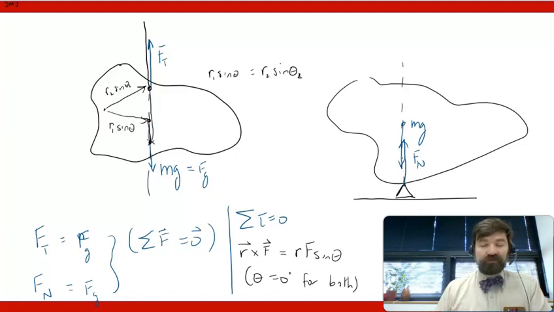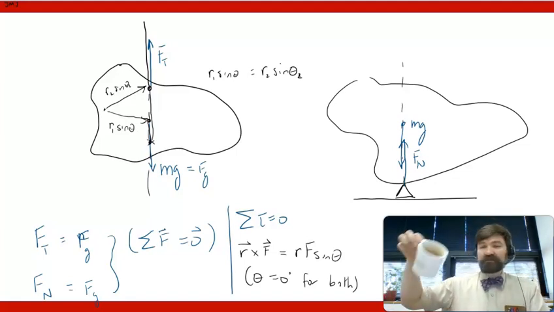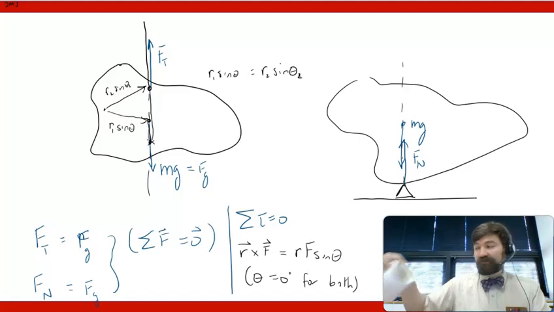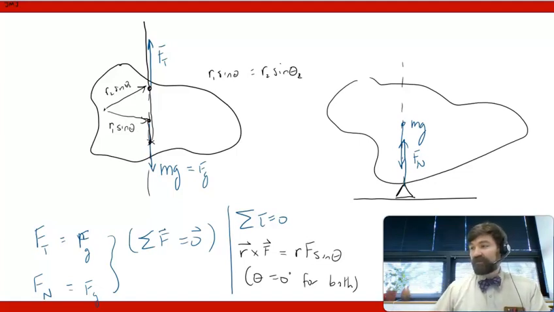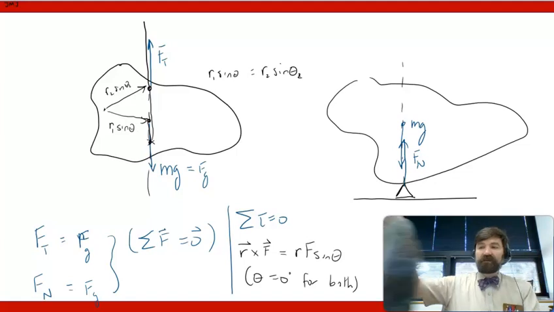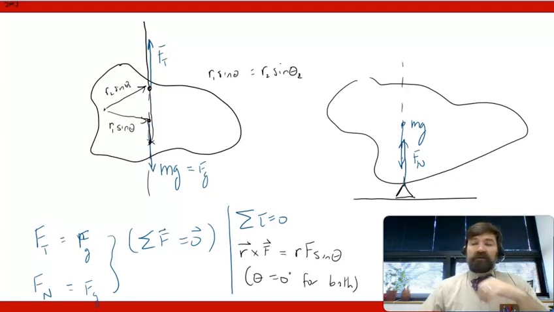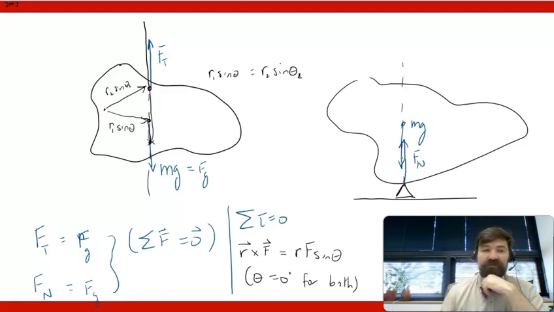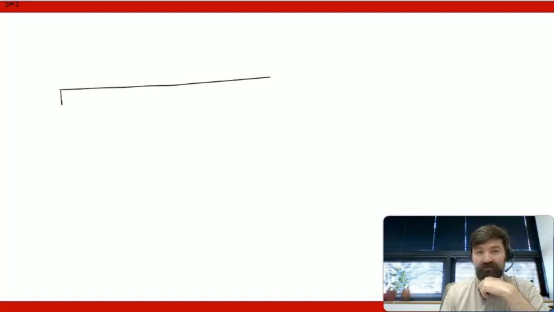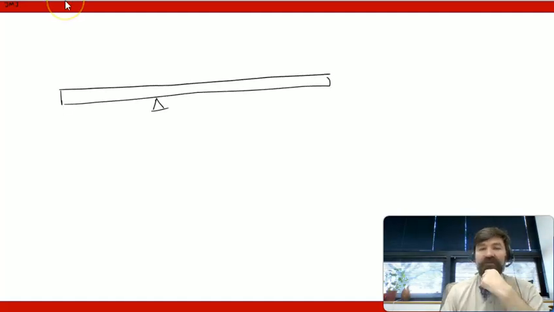It works for a complex object, for example, this little coffee mug, teacup, whatever you want to call it, complex object, this hat. You can find your center of gravity along two different axes here. It also works for simple systems, like if you had a little mobile or whatever, or a meter stick balanced on a little fulcrum, essentially.